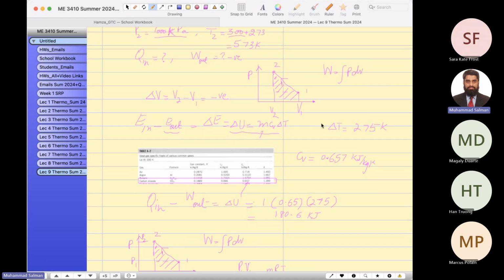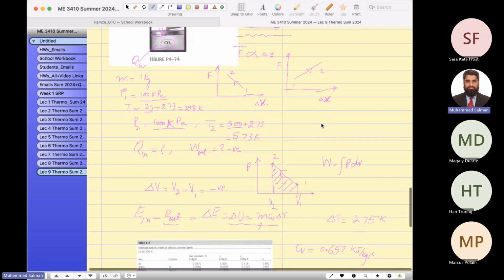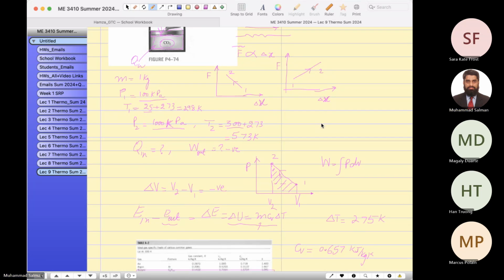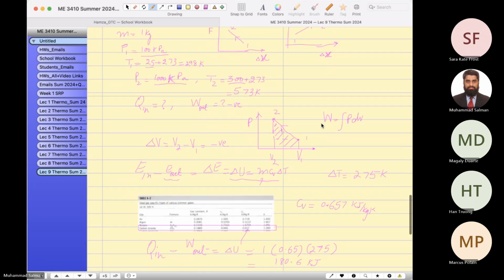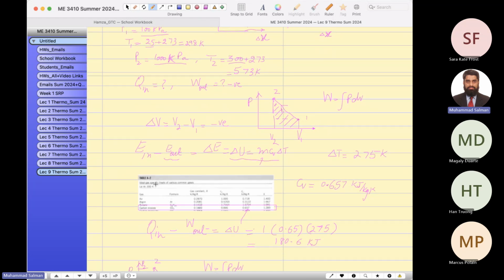For carbon dioxide, it is 0.1889. I'm sorry, I was reading k. This is not R, this is R.